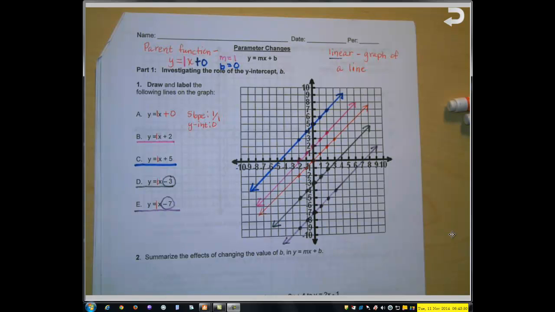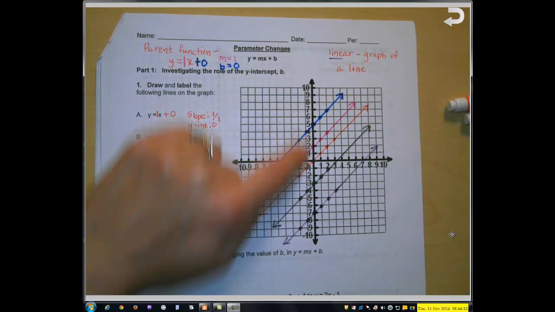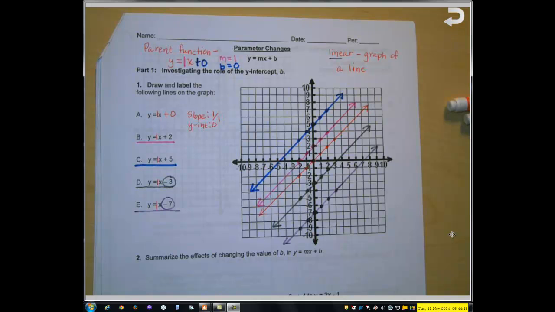Okay, so now that we have those graphed, I would like you guys to pause the video and try your best to answer question number 2 on your own. You're going to summarize the effects of changing the value of b, or the y-intercept, in y equals mx plus b. How has our parent function changed as we changed the y-intercept? Go ahead and put it in your own words and then press play, and we'll talk about our conclusions.